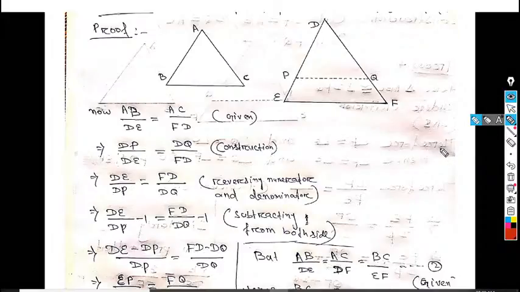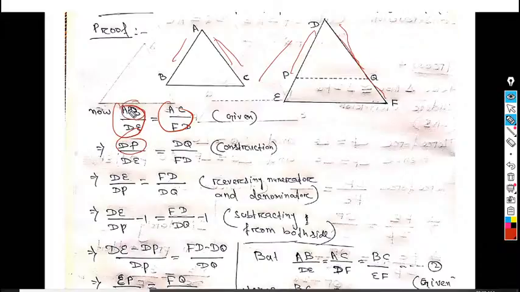So let's start. Now it is given that AB by DE equal to AC by DF. This is given to us. Okay. Now we have the construction. We have constructed that AB equal to PD and AC equal to DQ, so that we can write DP instead of AB and DQ instead of AC.